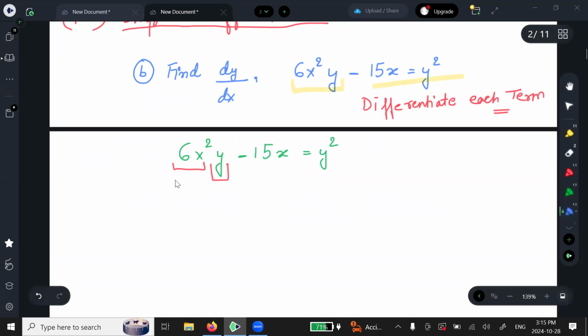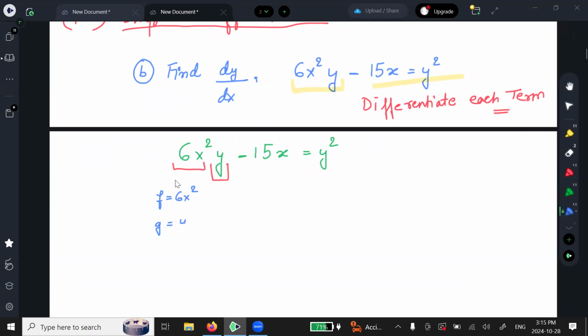Okay, what is f? 6x squared. What is g? Just y, right? What is f prime? 12x. What is g prime? Don't say 1. Y prime, you have to find y prime, right? Do not forget the y prime whenever you're differentiating y.